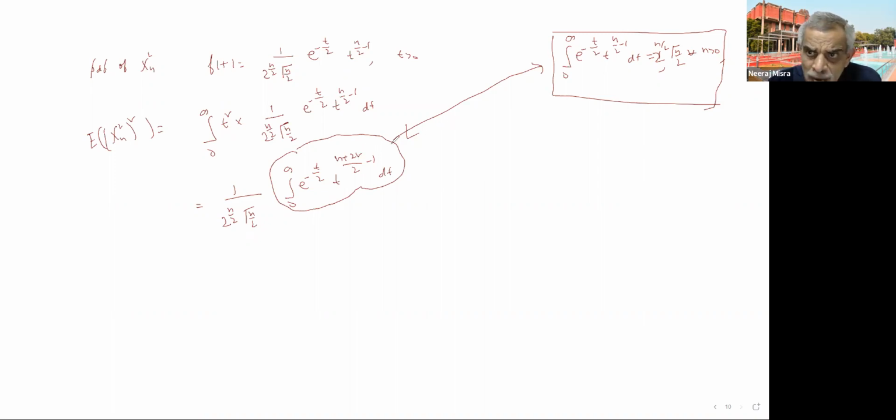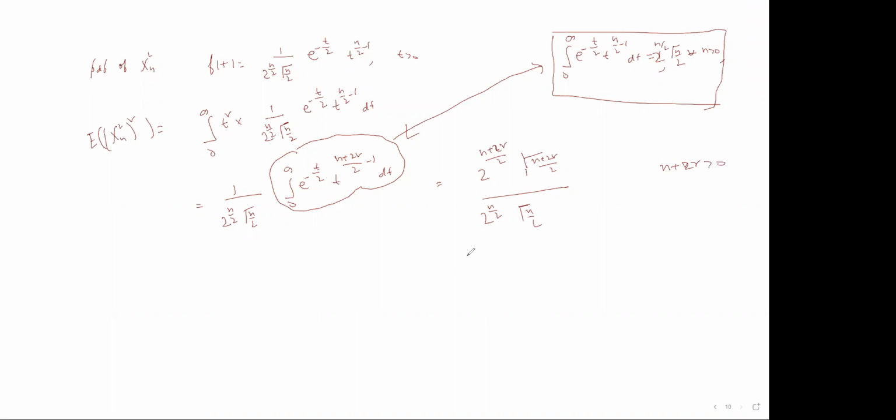So as long as n plus 2r is positive, I can get this value from here, which is 2 to power n plus 2r by 2 times Gamma of n plus 2r by 2. And this factor was anyway there. Is that okay? Does that solve your problem? Yes, sir.